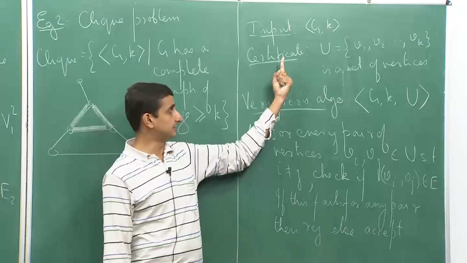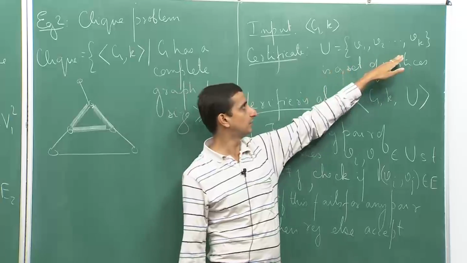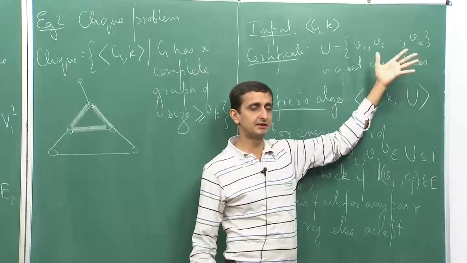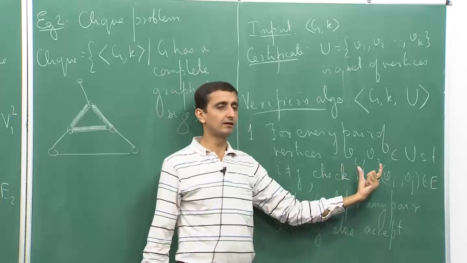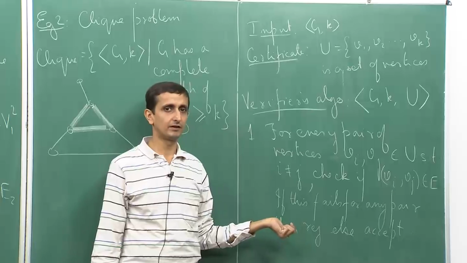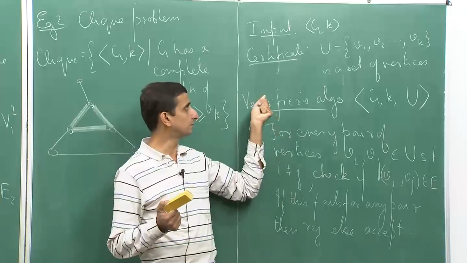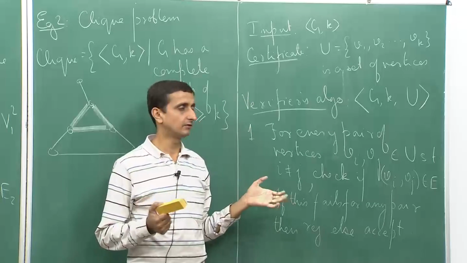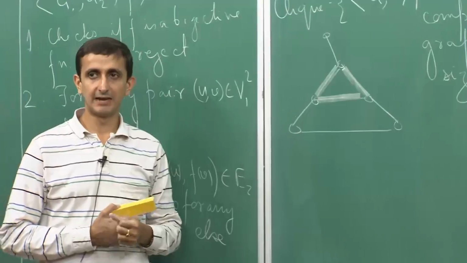And if G does not have a clique of size k, then no matter what set of k vertices you choose, when you do this check, there will be some pair where this check will break down and you end up rejecting. Okay. So, every computation path essentially rejects. So, there is no such certificate. Okay. So, this will prove that the problem clique is in NP as well.